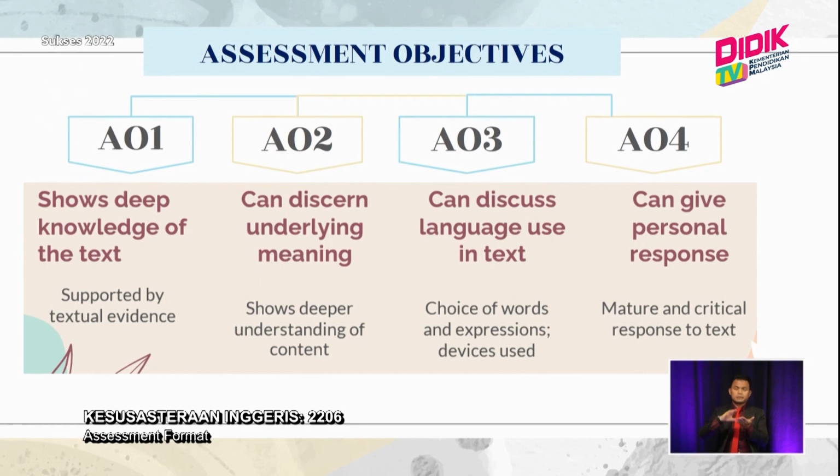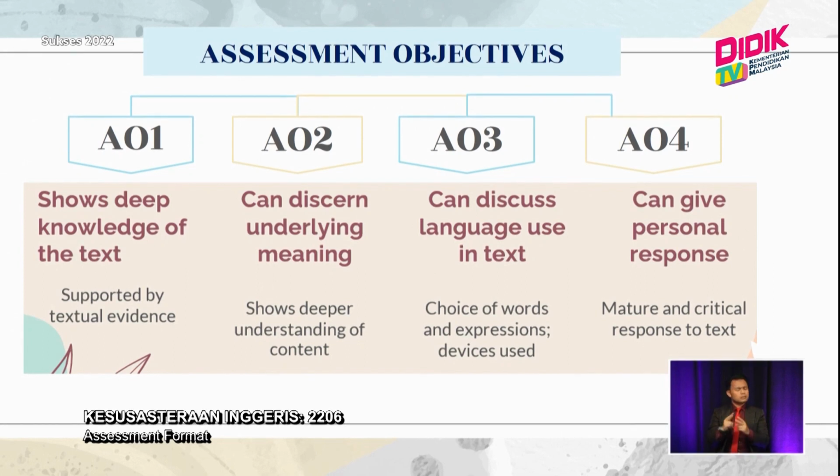The recipe is incomplete without any one of these 4 ingredients. Most candidates are very comfortable with AO1. They can tell the story, they can provide textual evidence. But knowing the text well is only AO1.